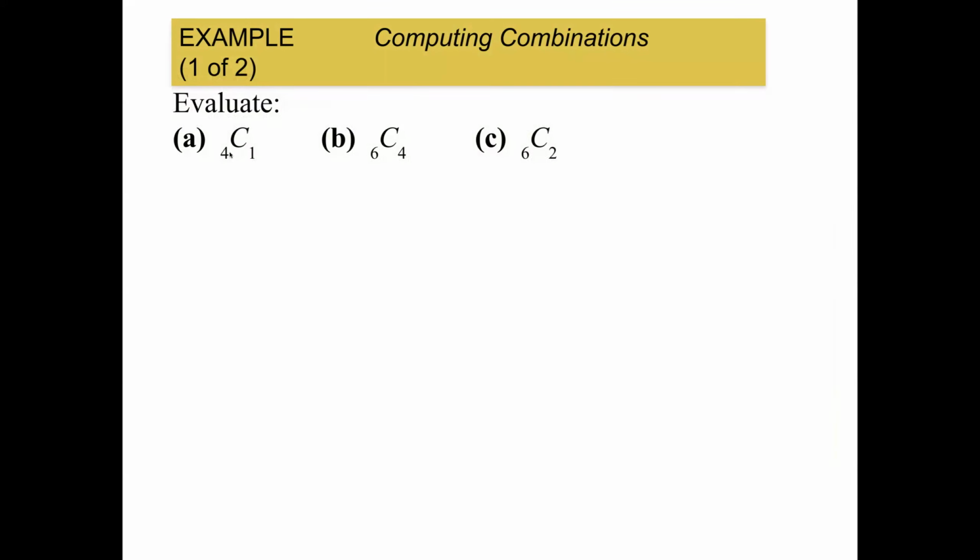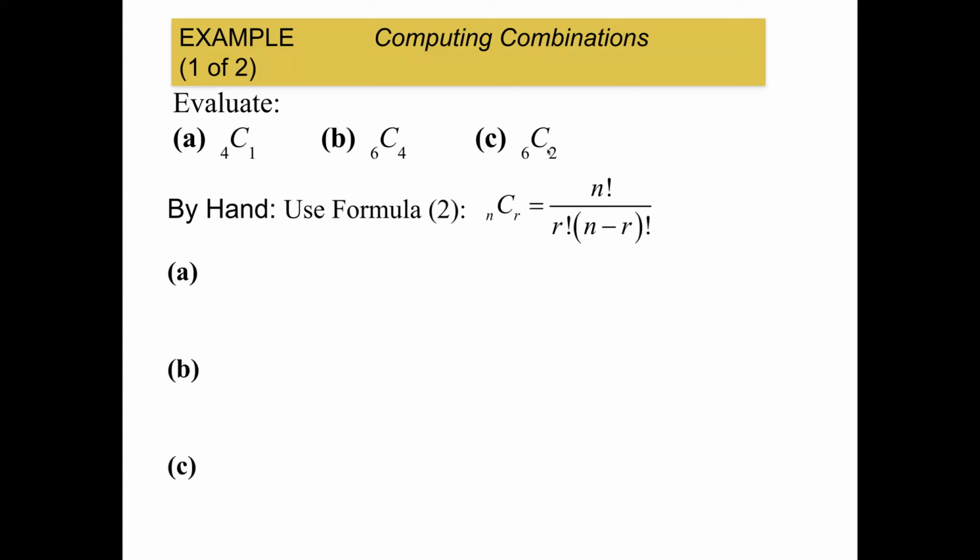Four distinct objects choosing one, where order is not important. Six distinct objects choosing four, where order is not important. Six distinct objects choosing two, where order is not important. Let's go through it by straight calculation. Remember, the formula is here, and that's the formula we're going to use. So here it is, four distinct objects choosing one.